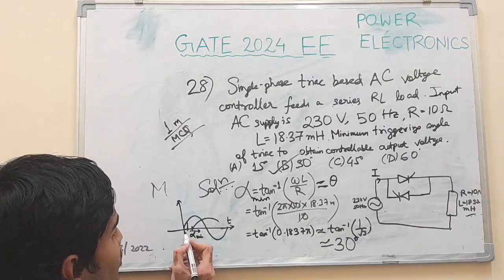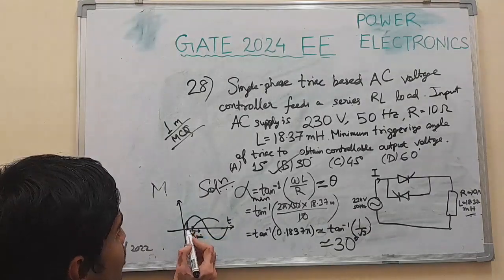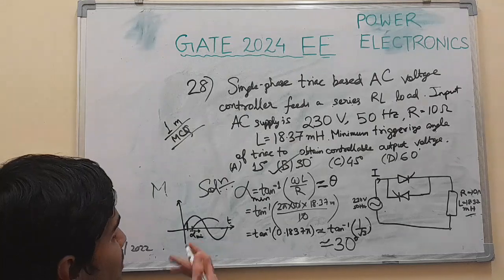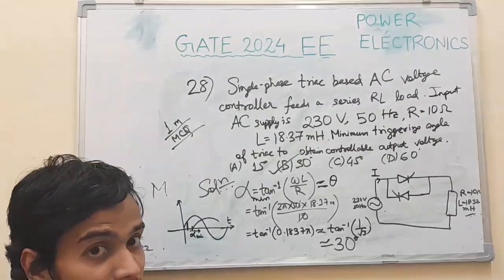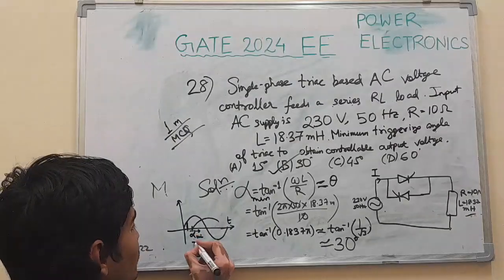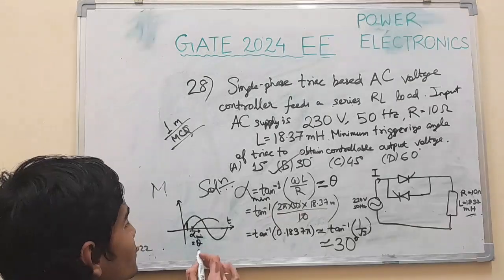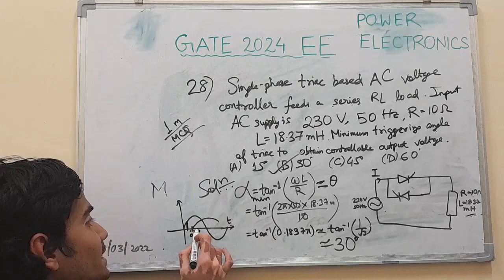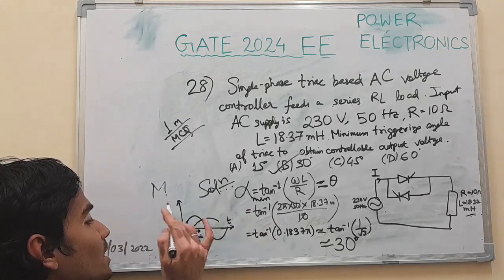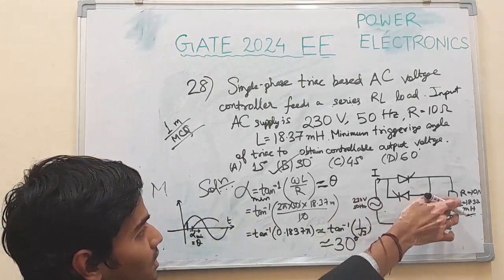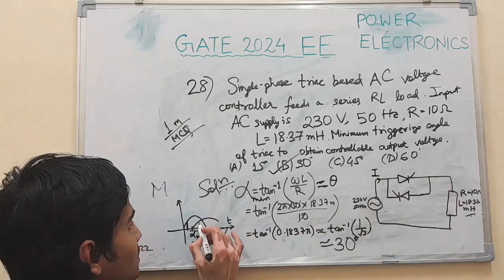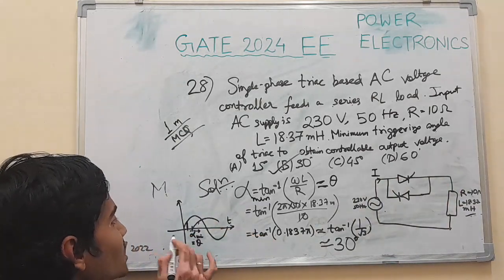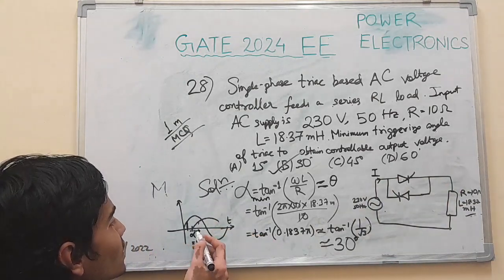If it is applied before this point, then this pulse will have no effect, because the circuit will automatically turn on after this impedance angle, alpha min equal to theta. So alpha min equal to theta, the impedance angle. If the pulse is applied beyond theta, only then will it have an effect, because we can control the current in the circuit.